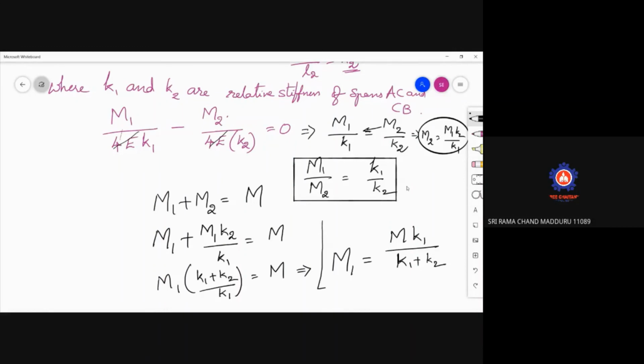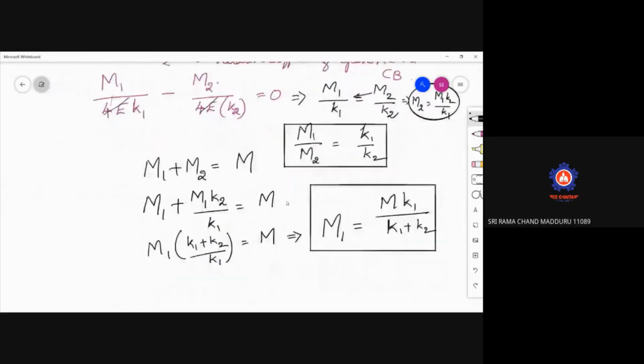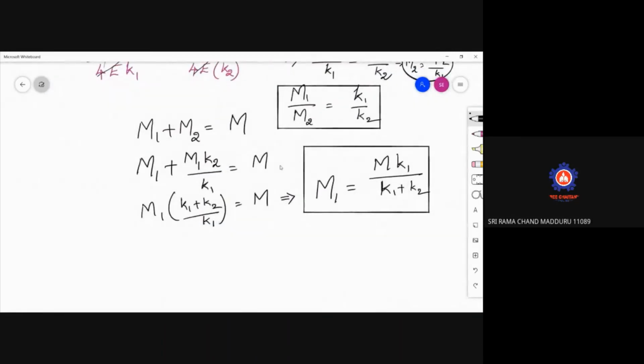Why are we doing this much and what are we going to prove? Similarly, M2 is equal to M into K2 by K1 plus K2.